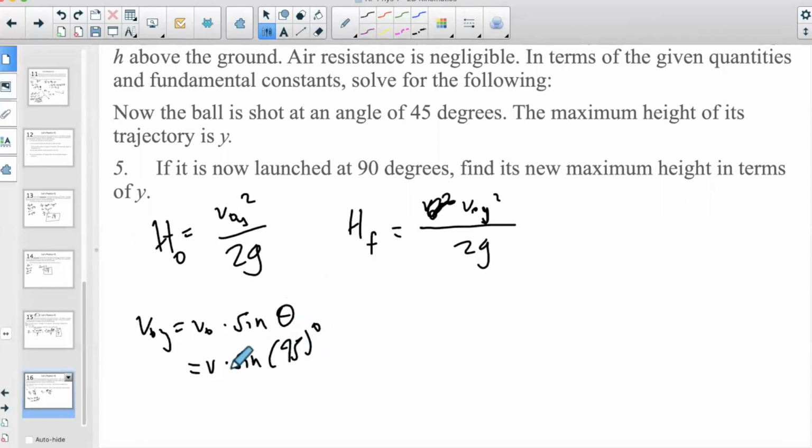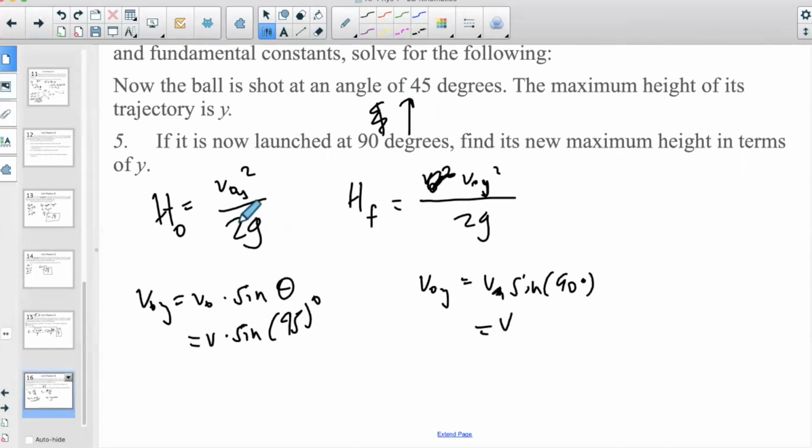You don't really need to know what sine 45 is. And here, let's know that v naught y in this instance is equal to v times sine 90. It's just equal to v, because it makes sense. You're launching straight up. So there's no x component here. 90 degrees is just up.